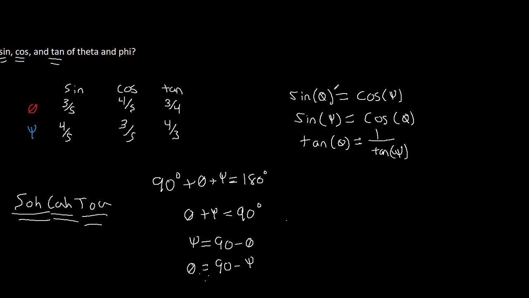But what we can also say is that since the cosine of theta equals the sine of phi, and phi is just 90 minus theta, the cosine of theta is going to be equal to, sticking with our example here, the sine of theta is going to be the same as the cosine of phi.